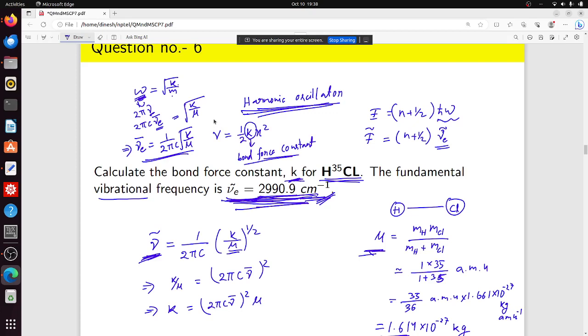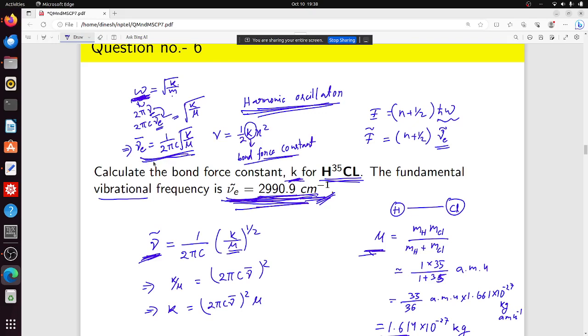Okay, and the vibrational frequency for this case can be written as root over k over m, and we can always convert this angular frequency to linear frequency, and linear frequency we can convert to wave number.